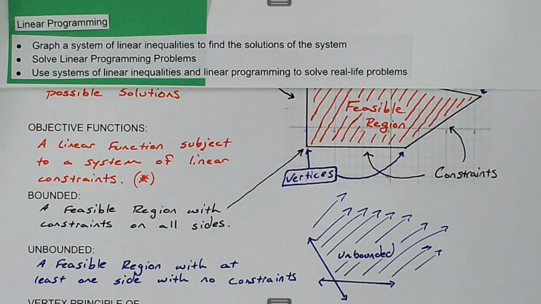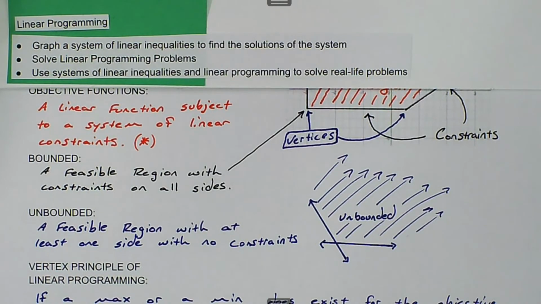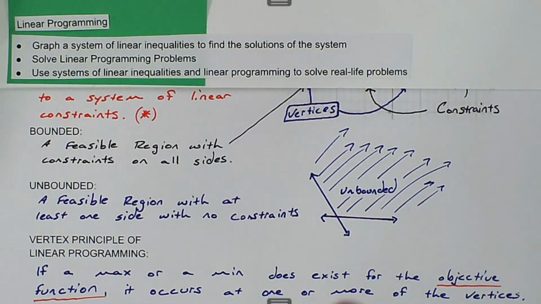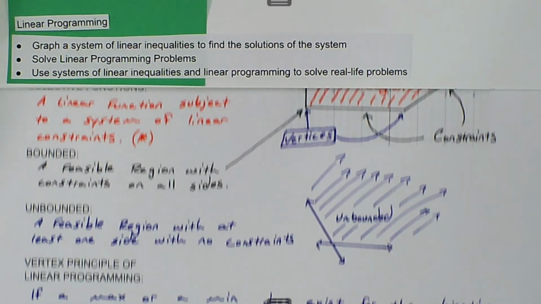And then a real key part of linear programming, not that any of these are not key, is the Vertex Principle of linear programming. If a max or min does exist for the objective function, it occurs at one or more of the vertices.